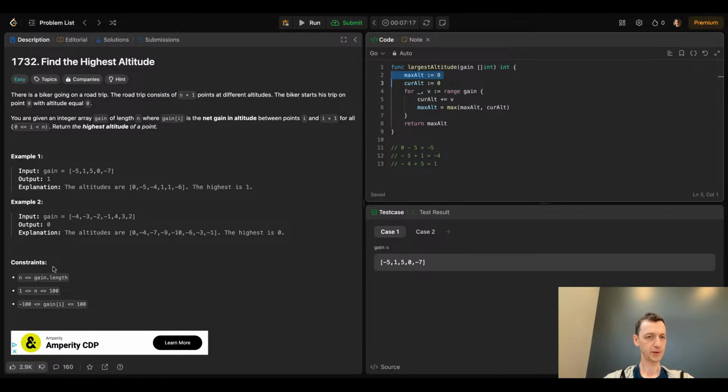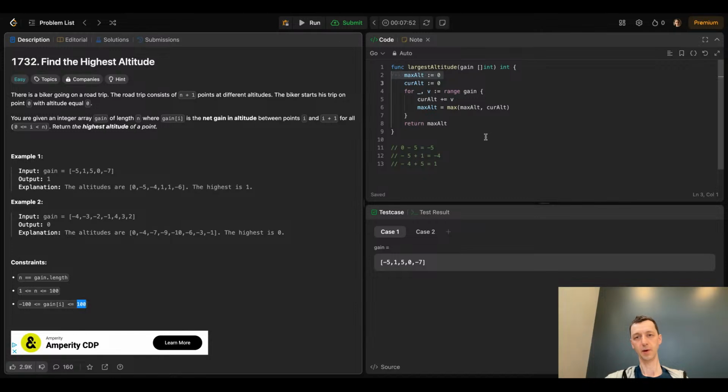Let's check out the constraints just in case. Okay, so n is the length of this gain array, and there is a minimum of 1 and a maximum of 100 values in that array, and the values are from negative 100 to positive 100.